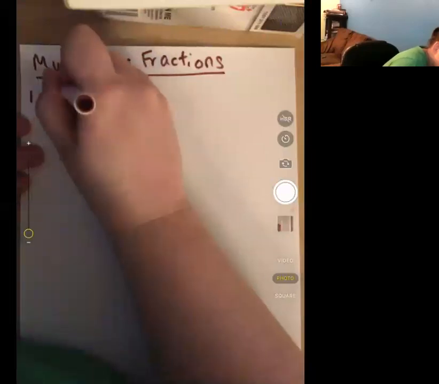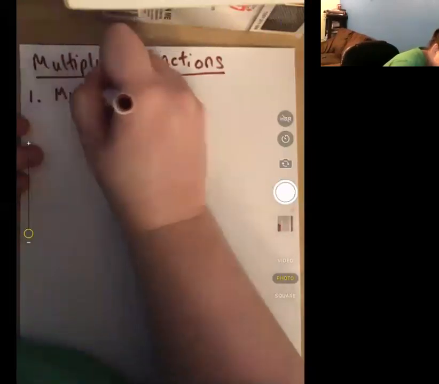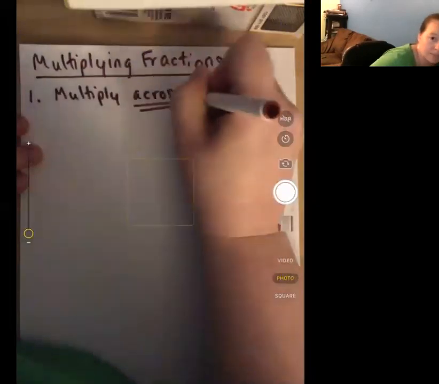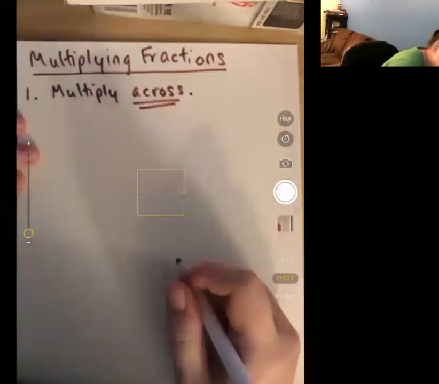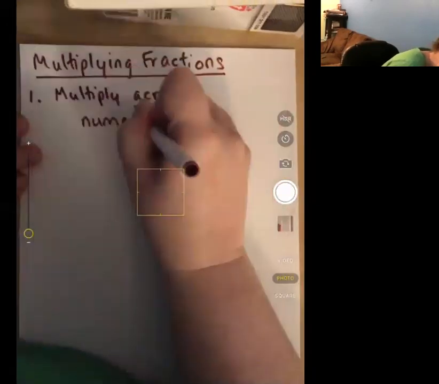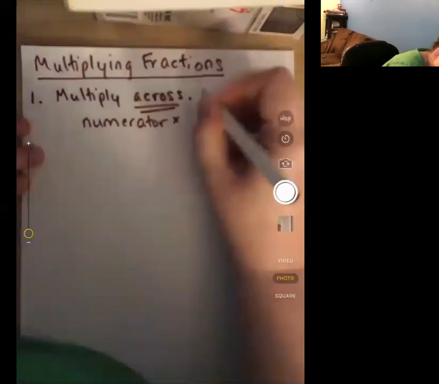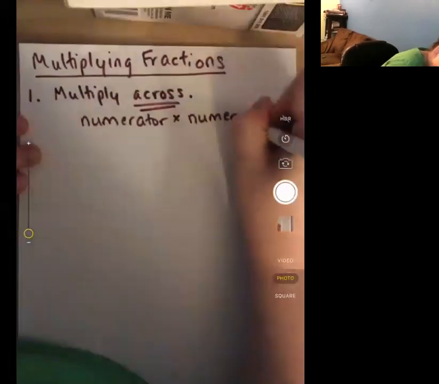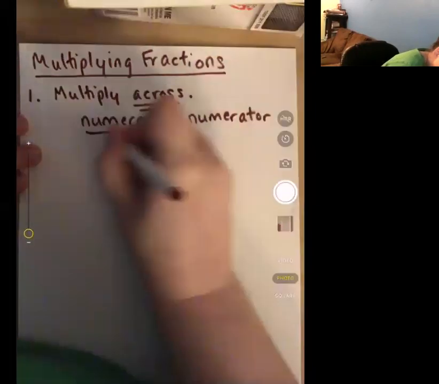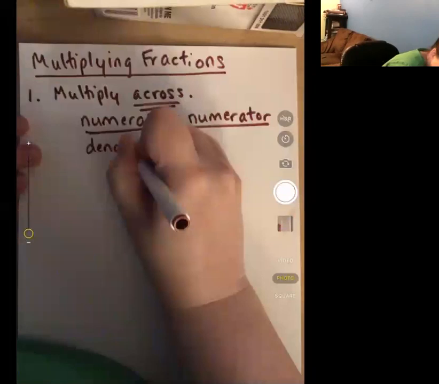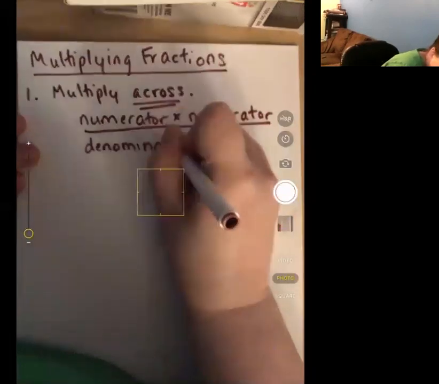multiply across. Okay? Numerator times numerator over denominator times denominator.